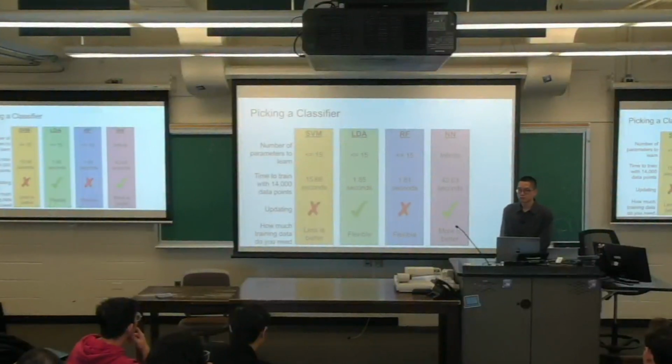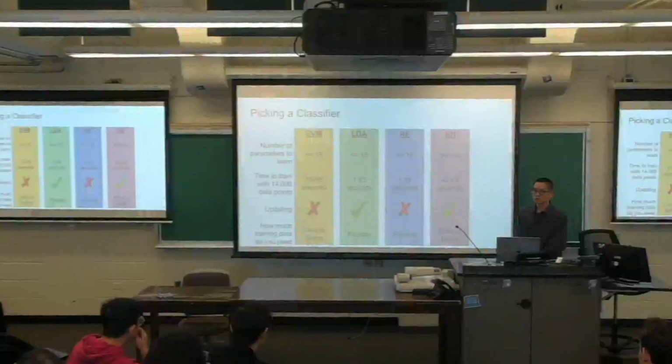It's less than 15, and you don't have too much data, because with neural networks you need a large amount of data. With random forest you don't need too much. I mean, more data is better, but it doesn't require a large amount. The updating might be a problem, but I think there is a warm start parameter with that as well. They tend to perform well for most tasks where the data isn't too much.